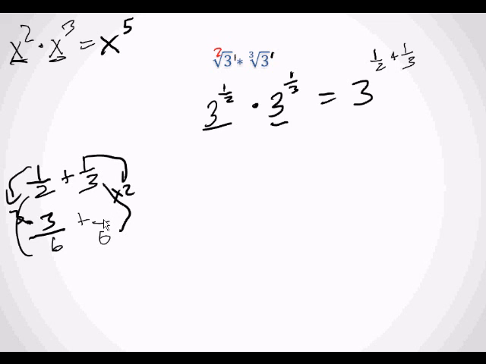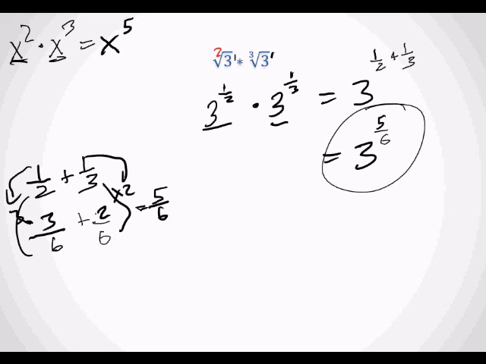I multiplied by 3 to get 6, so I multiply the top number by 3. Here I multiplied by 2 to get 6, so I multiply the top number by 2. 1 times 2 is 2. When you add fractions with the same bottoms, you add the tops, you don't touch the bottom. So this equals 3/6 plus 2/6 equals 5/6.